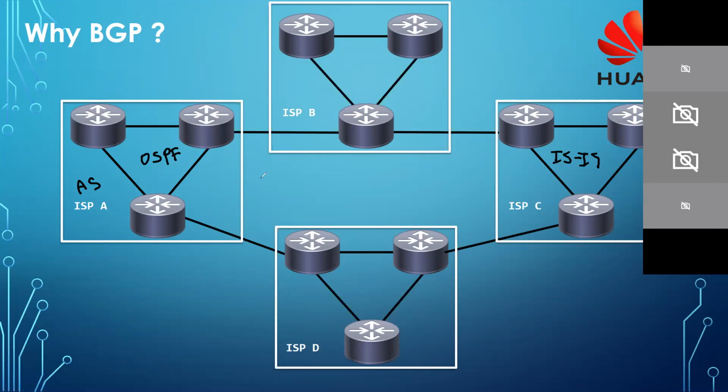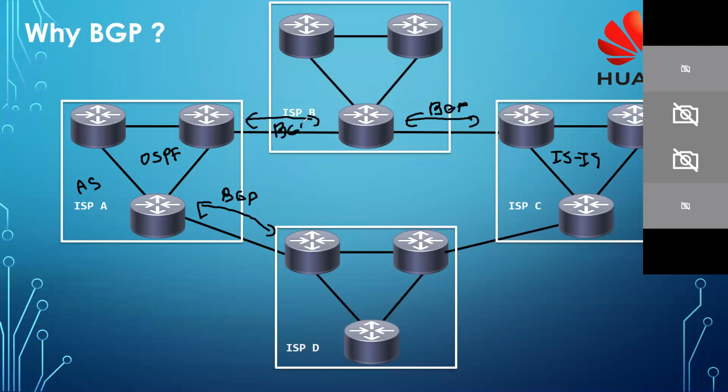And between the ASes, we will run another protocol. This protocol is BGP. Why do we run BGP between the ASes? Here we will have BGP, and here we will also have BGP.